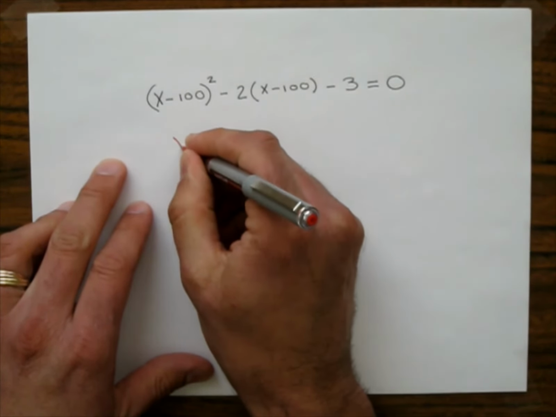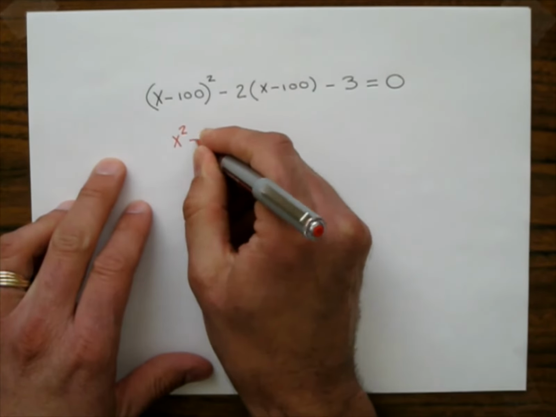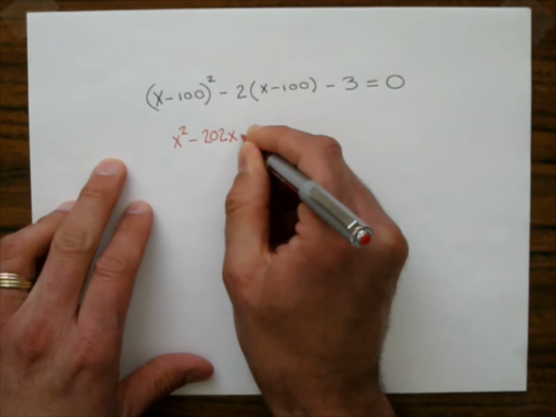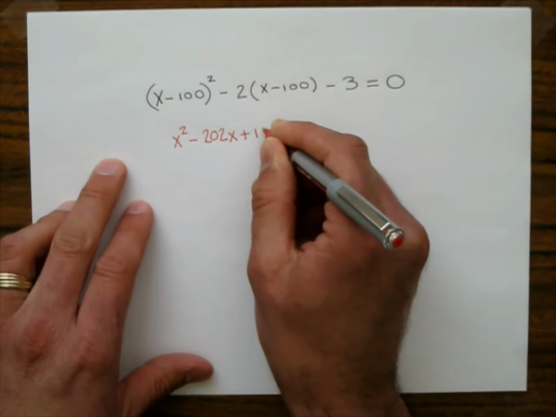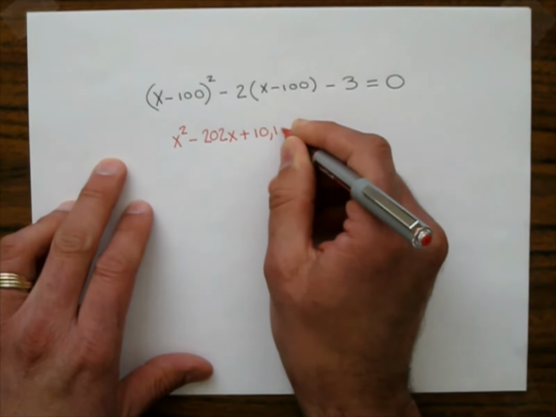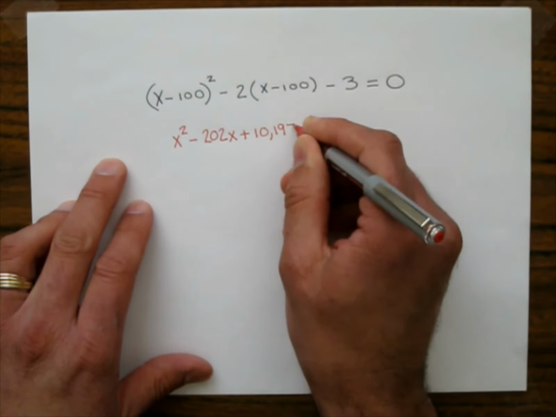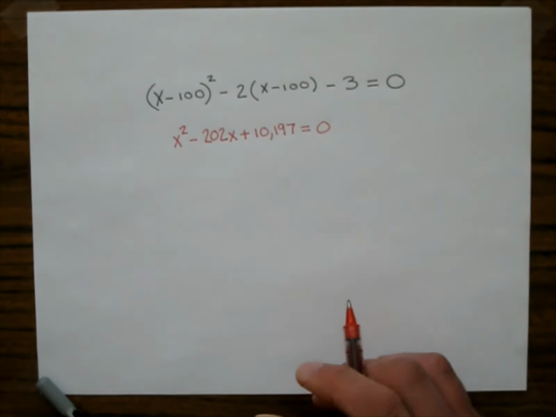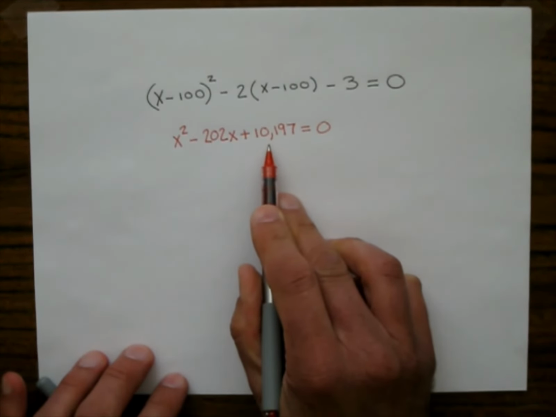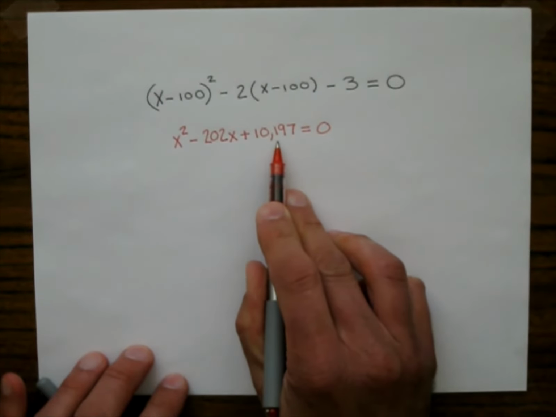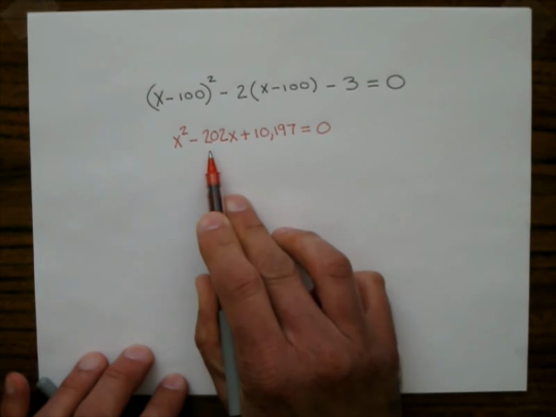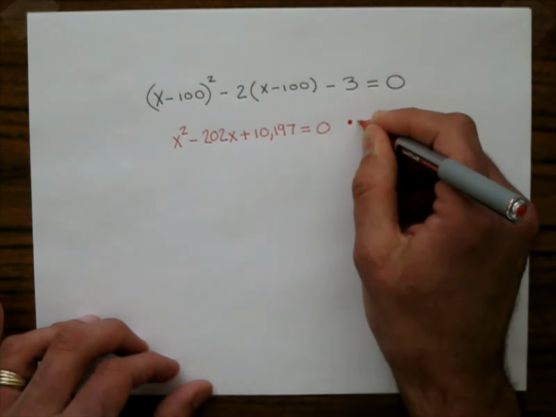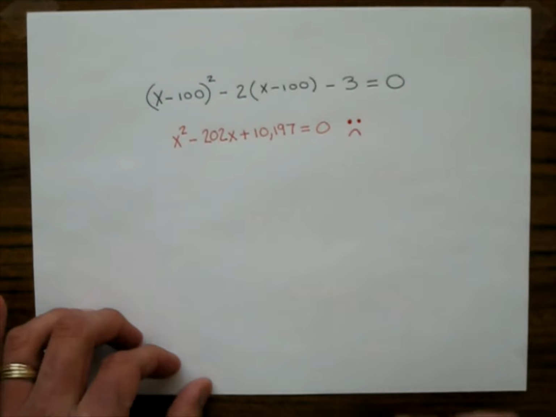You'd get x squared minus 202x plus 10,197 equals 0. Then we would have to try to find two factors of 10,197 that would add to give you a negative 202. So this is not what we want to do.